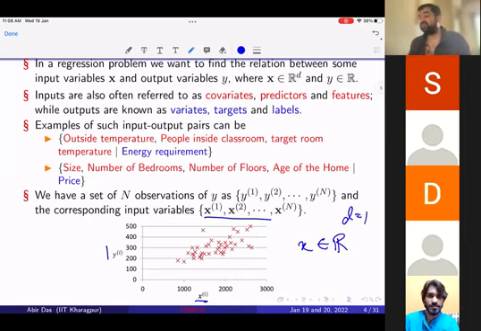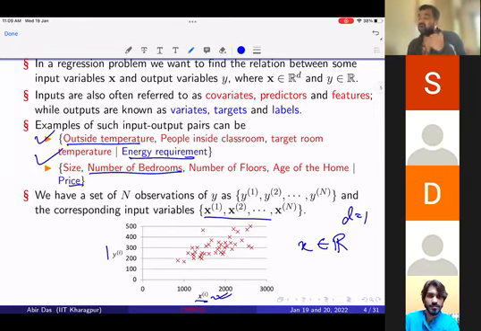It can be anything, maybe the outside temperature and energy requirement, maybe the number of bedrooms and price. So x is one of the x's. This is just for visualization purposes, and we will start our analysis with that.